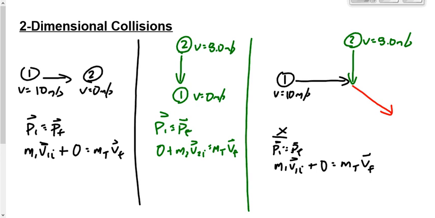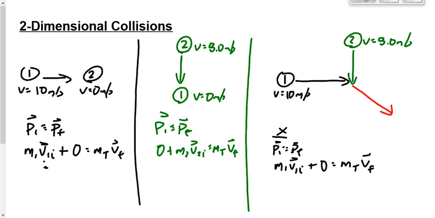How come? Well, because if we're looking at just the x component, object number 2 isn't moving on the x-axis. It's only moving on the y-axis, right? When we're dealing with the x component here, just pretend whatever's on the y-axis doesn't exist. If whatever's on the y-axis doesn't exist, then object number 1 is moving at 10, and object number 2 is at rest on the x-axis. It's this problem right here, right?